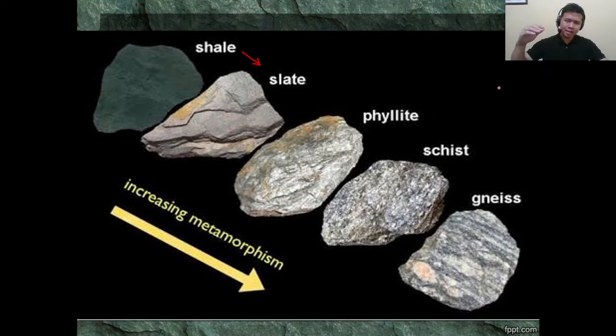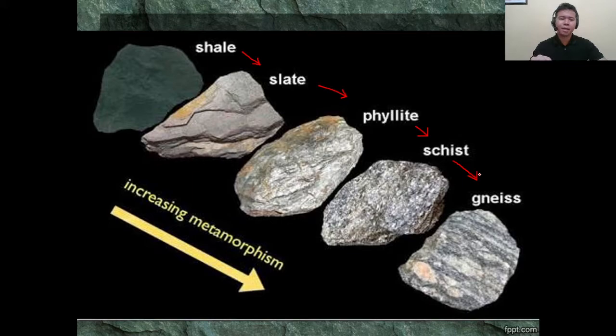So slate, through time it goes deeper and deeper underneath the Earth's crust. Later on, as it goes deeper, the temperature increases, the pressure increases as well, changing slate into phyllite. Phyllite, exposed to more heat and pressure, then it turns into schist. More heat and pressure, schist can turn into gneiss.